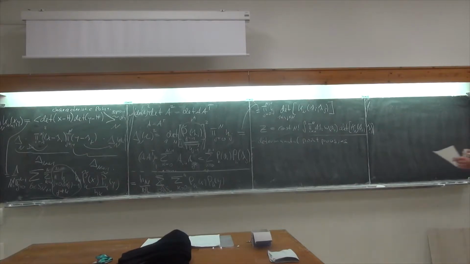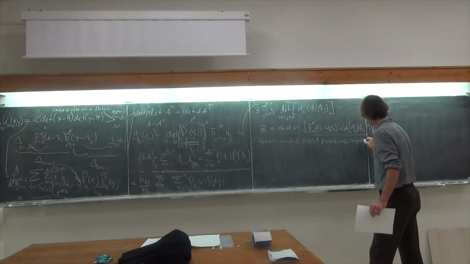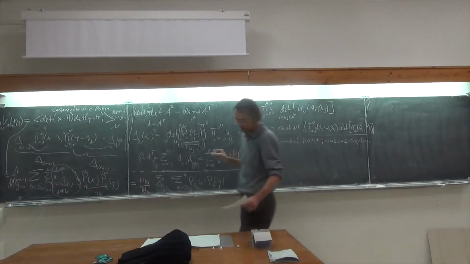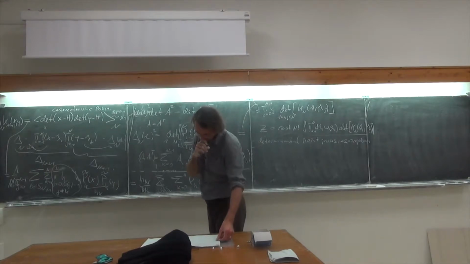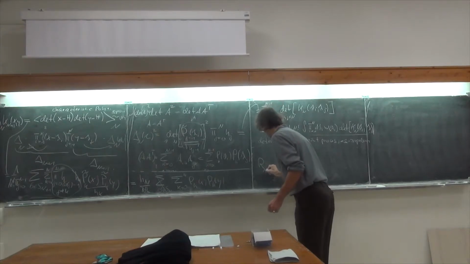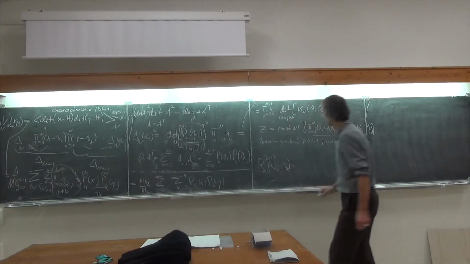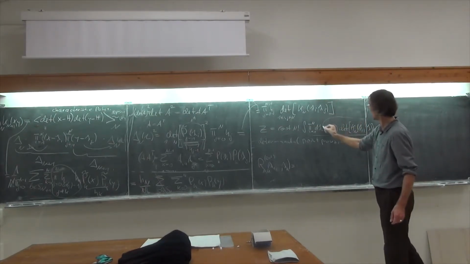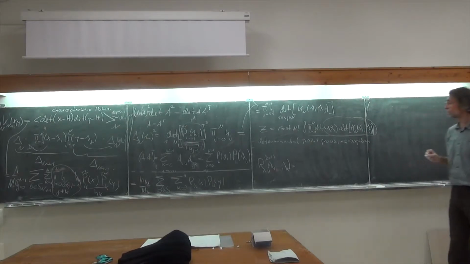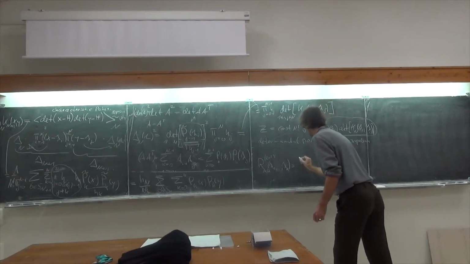Okay. Now we want to compute the following object. Okay, and that is this whole thing here, integrated not over all variables, but only over n minus k.